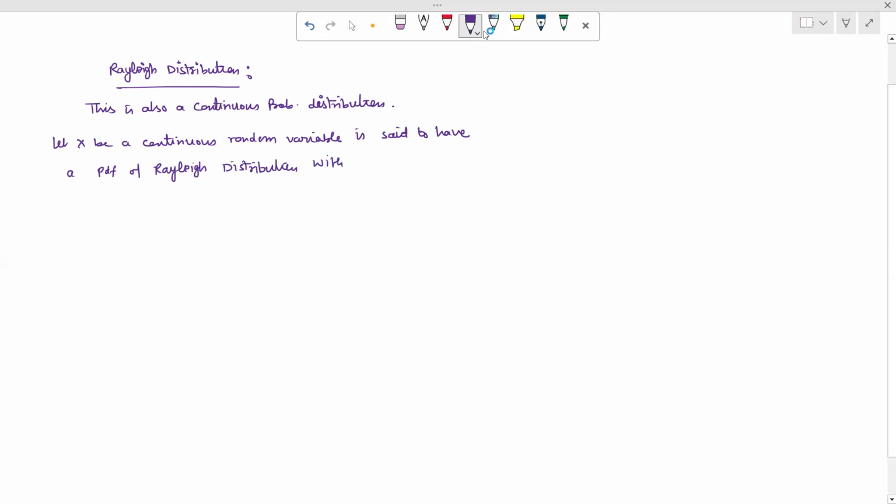So we define the parameter as sigma, which is known as the shape parameter.